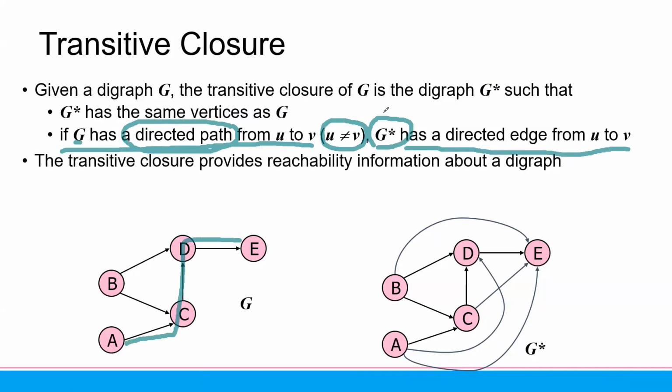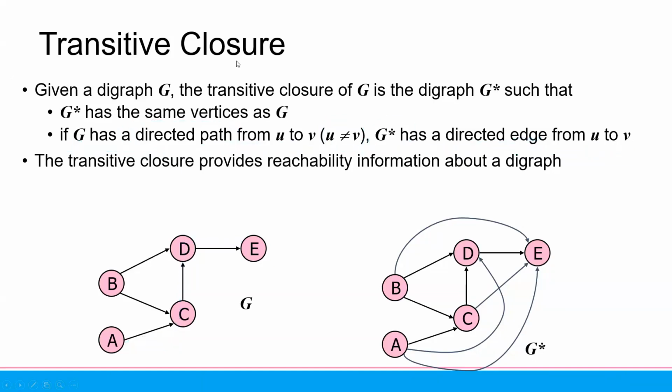And in G star, we have a directed edge. The directed edge means we want to find some other possible edges throughout the vertices. So let's say this one. The transitive closure provides reachability information about a digraph.